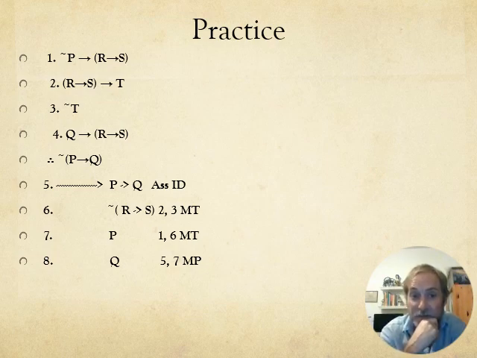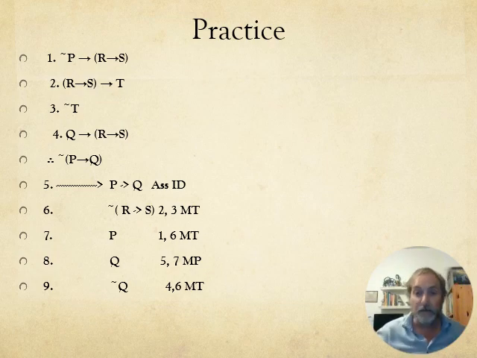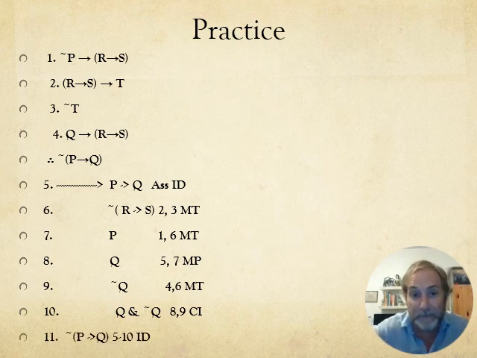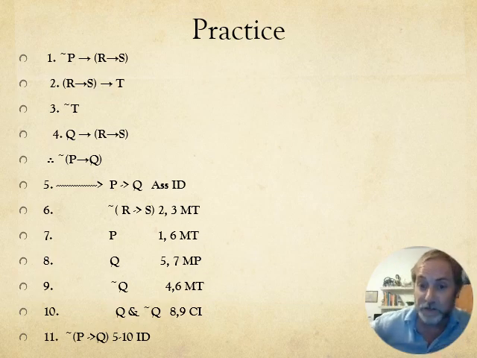I have the negation of the consequent of line 4 sitting there on line 6, and that would give me the negation of the antecedent on line 4, which is not q, and that will get me my contradiction. 4, 6, modus tollens gives me not q. So I have q and not q. I've done it. All I have to do now is put them on the same line together, right? Make it an explicit contradiction, and now I can close out my indirect derivation, and I can conclude not (p then q) through 5 through 10 indirect derivation, right?